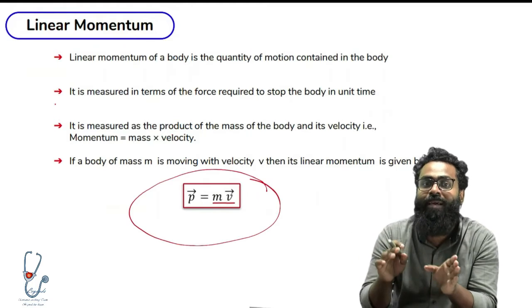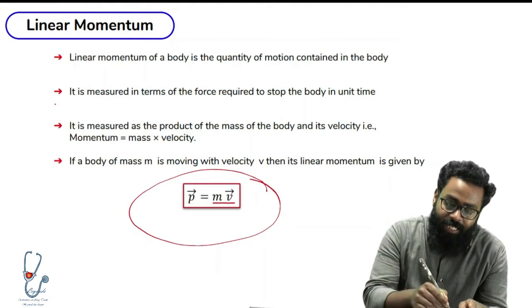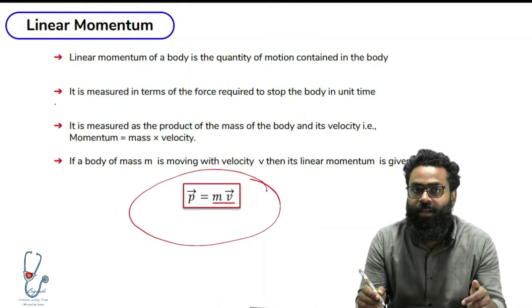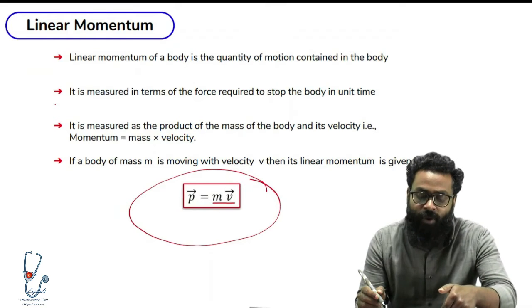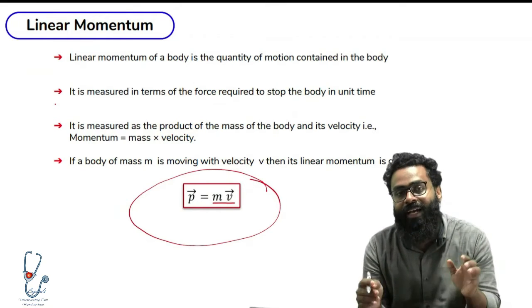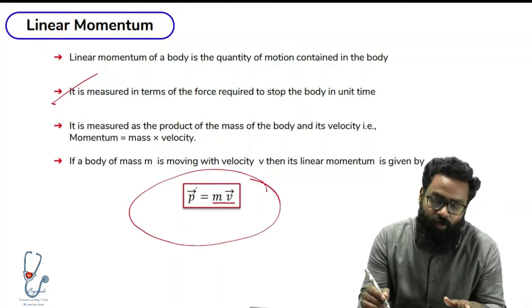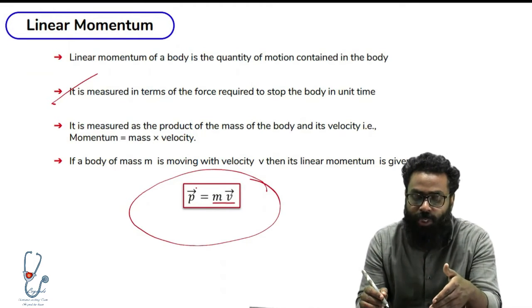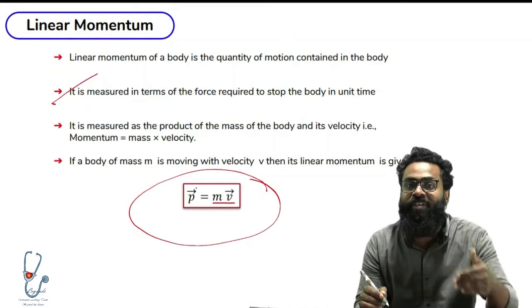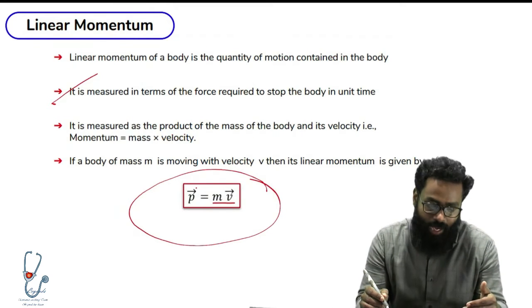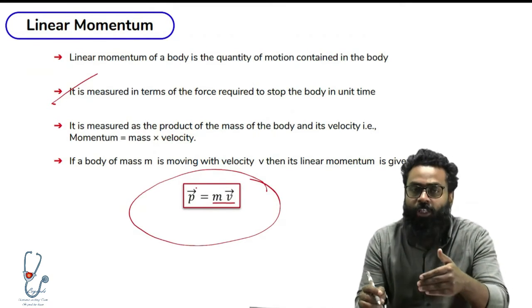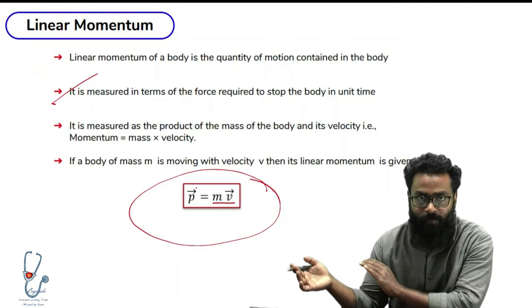Then the slide gives notes. The linear momentum of a body is the quantity of motion contained in the body. It is measured in terms of the force required to stop the body in unit time. It is measured as the product of mass and velocity.